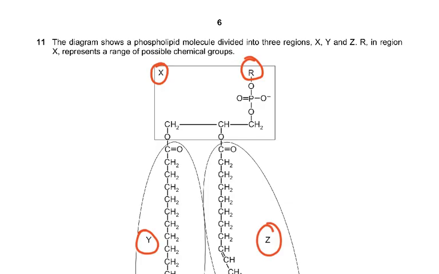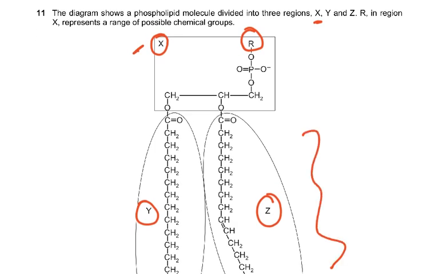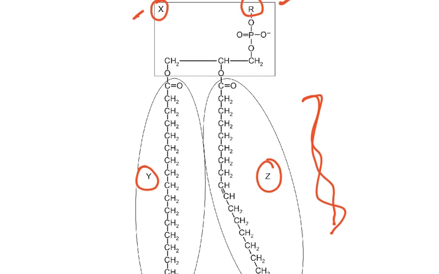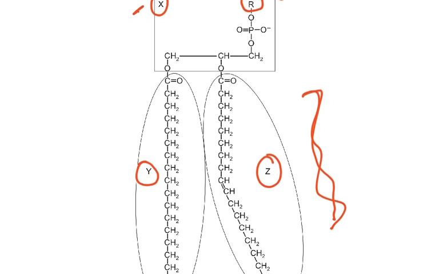Coming on to question number 11, the diagram shows a phospholipid molecule divided into three regions. X, it was here, Y and Z, this area, and R. So three regions, X, Y and Z, and then they talked about R. Now if you look at this, they told you that this was a phospholipid molecule divided into three regions.